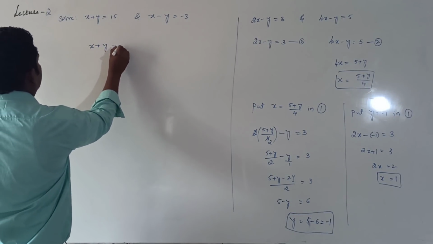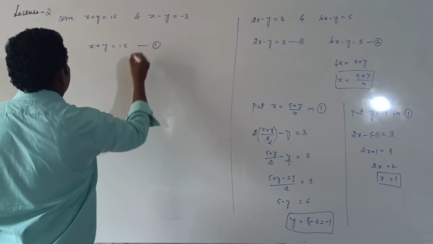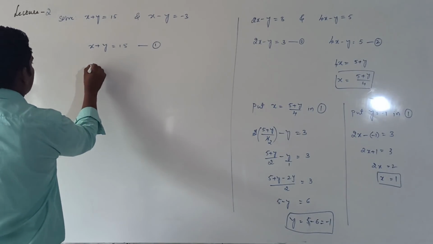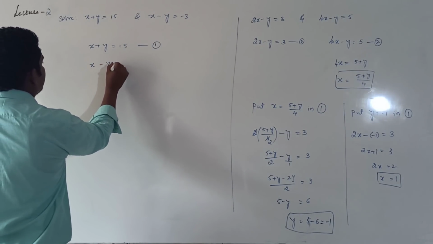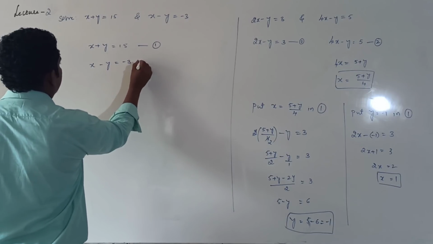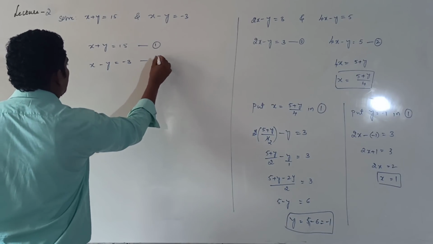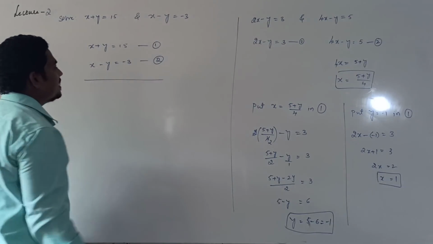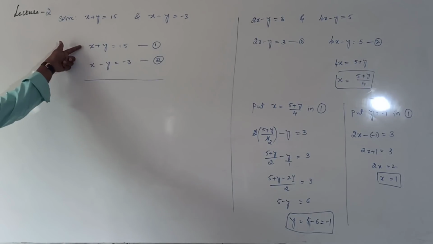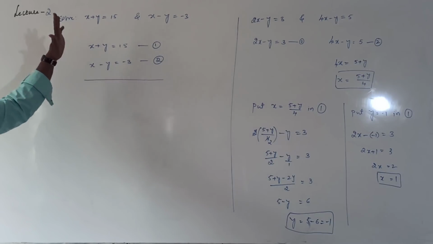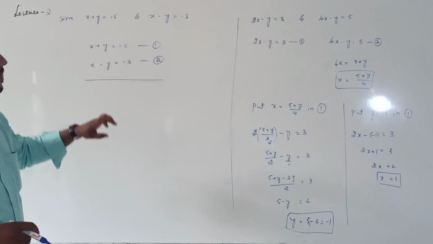x plus y is equal to 15, take it as equation number 1. x minus y is equal to minus 3, take it as equation number 2. In this case, the coefficients of x in equation number 1 and equation number 2 are already the same.